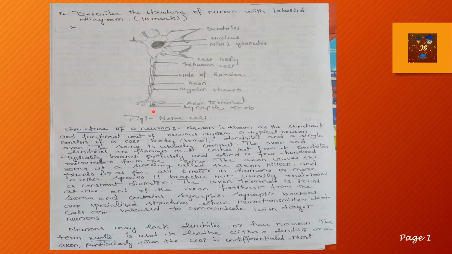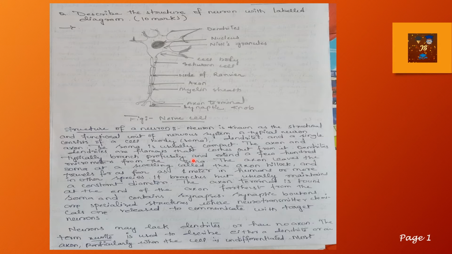Now here you can see that the neuron is known as the structural and functional unit of the nervous system. Many neurons are present, and without neurons we cannot have any type of feelings or do anything. A typical neuron consists of a cell body, dendrites, and a single axon, and the soma is usually compact.